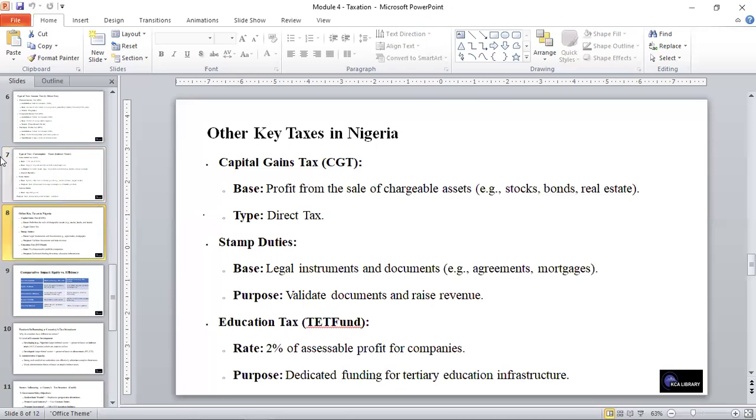We also have the education tax, and for this we see the rate as 2% of assessable profit for companies. The purpose is to provide dedicated funding for tertiary education infrastructure.